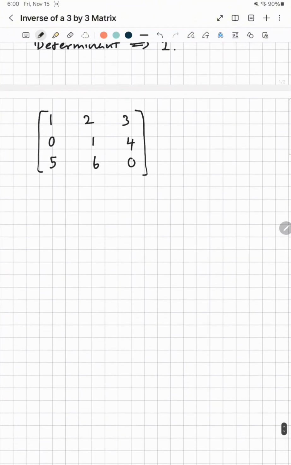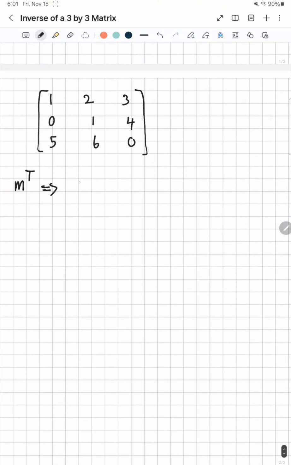What you do is you rotate each row to a column. So each row will switch into a column.